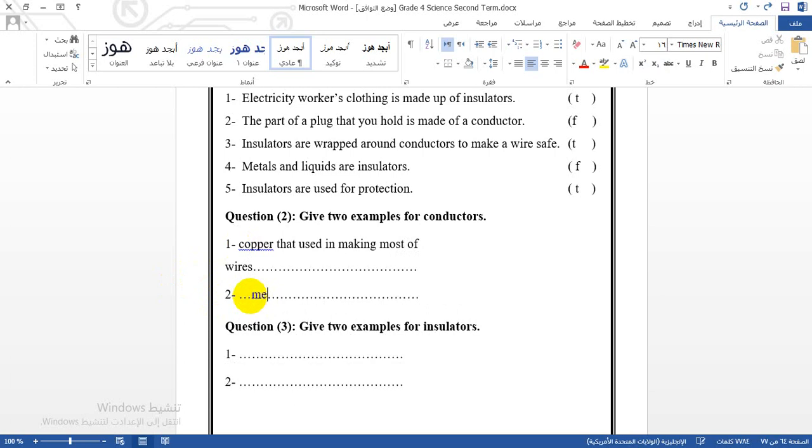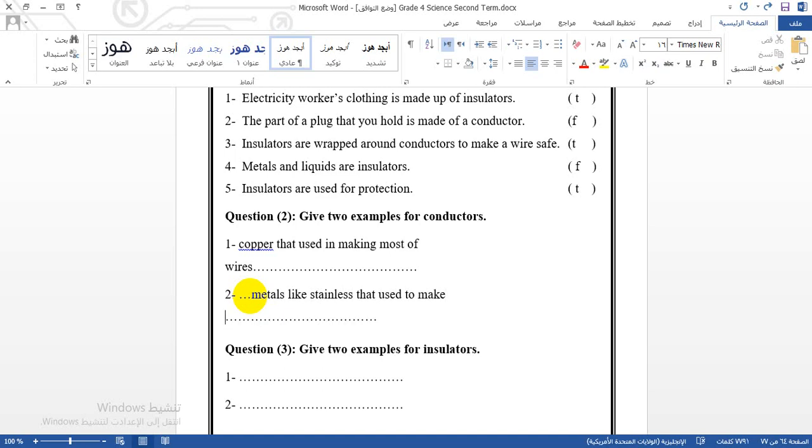Okay, guys, stainless steel is an example of metals that are used to make kitchen tools.